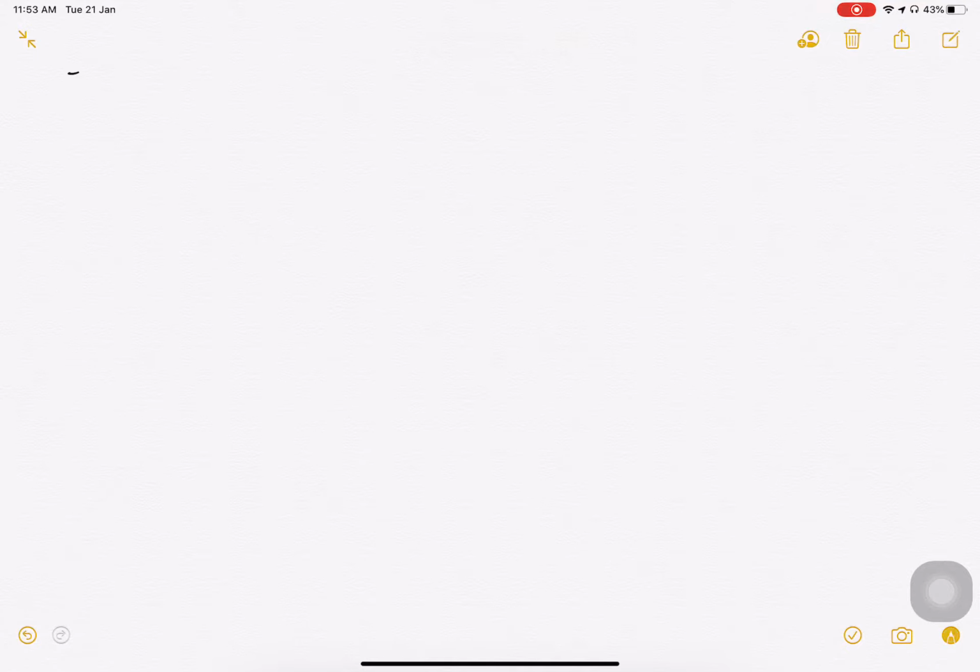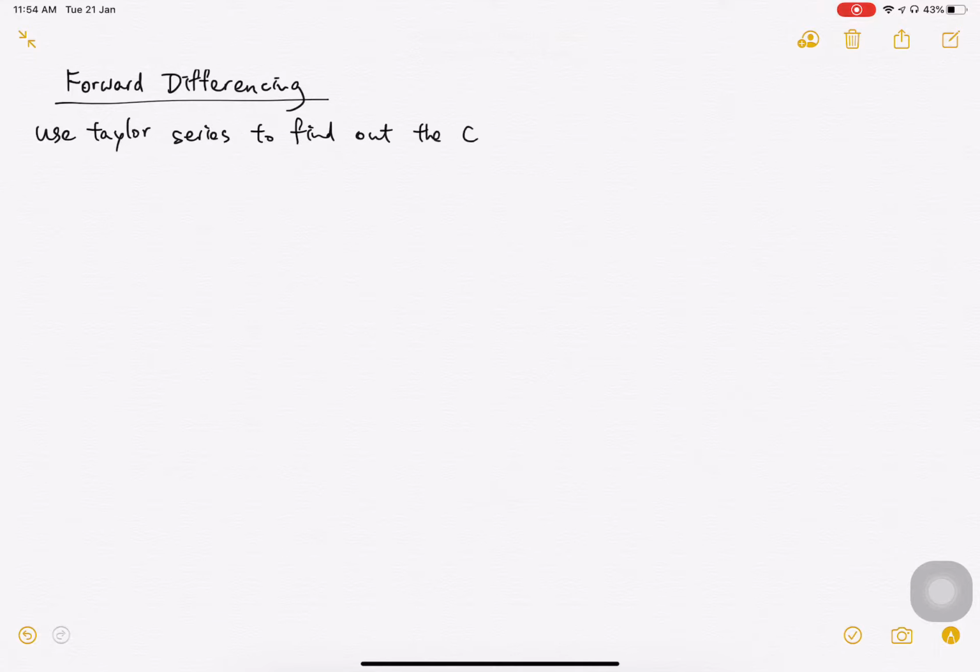So for forward differencing, we use Taylor series to find out the change from x to the next location, x plus delta x, and we want to apply it to equations like this.